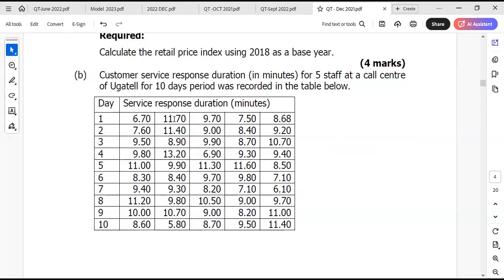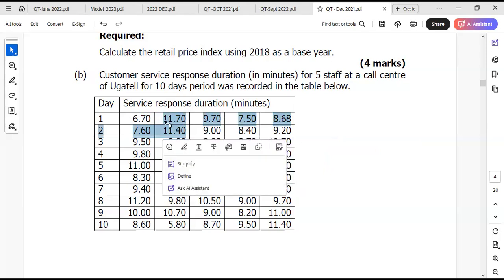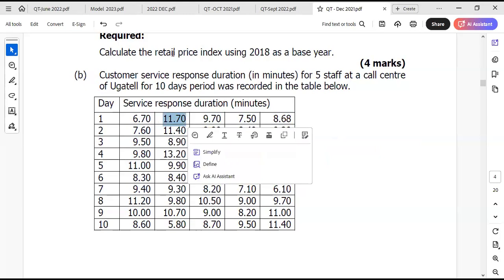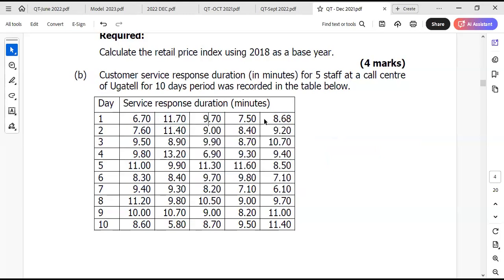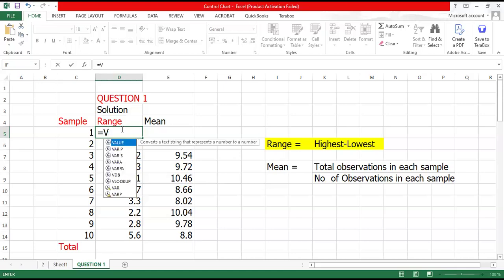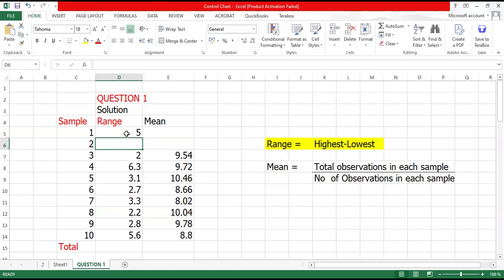The highest value on row 1 is 11.7. Minus the lowest value, which is 6.7. So 11.7 minus 6.7 is 5.0. That will be your range.